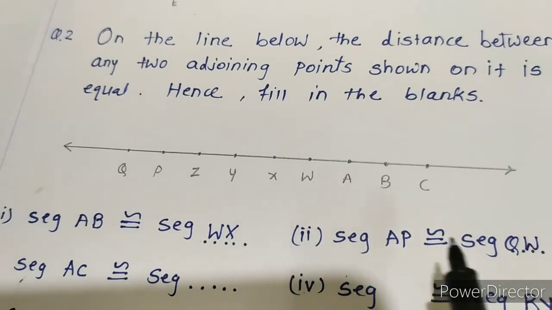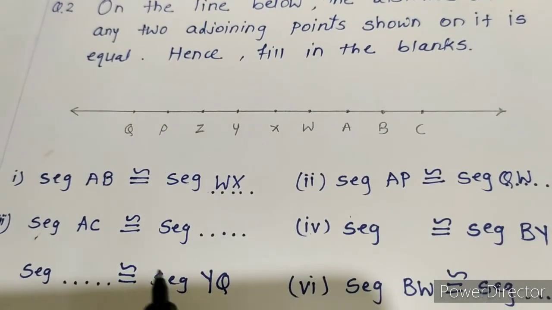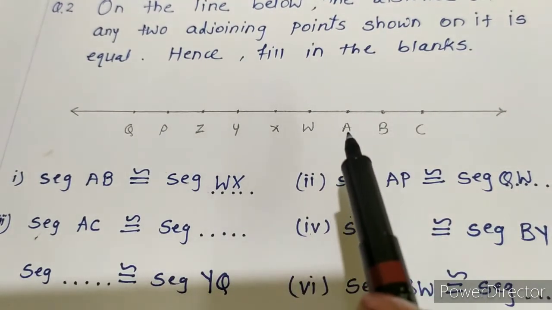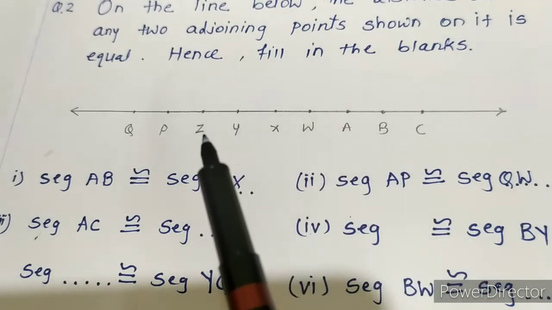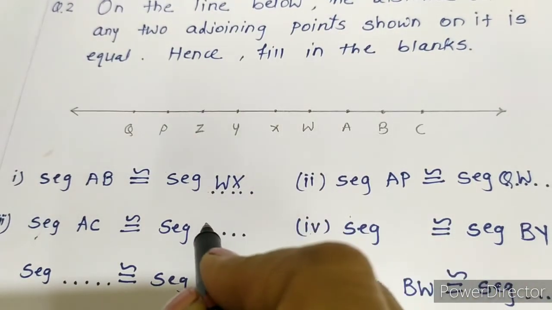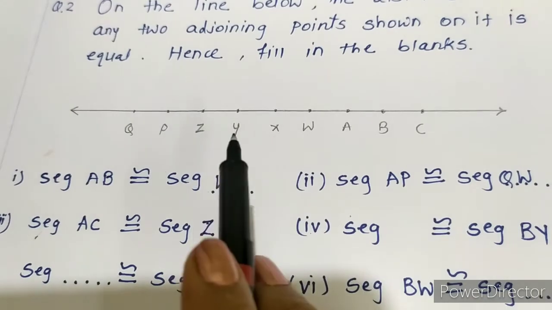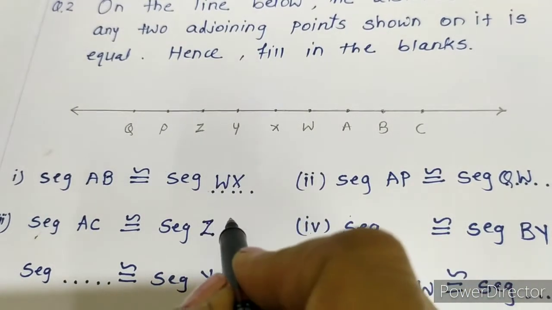Segment AP is congruent to segment QW. We are measuring the distance. Next is segment AC. Here A and C, the distance between AC is 2 units. So I can take any point. Let's take Z. From Z, 1 and 2. So I'll write here X. ZX.